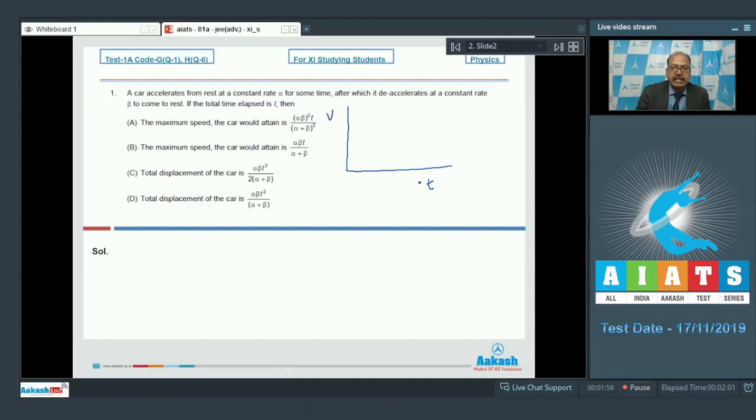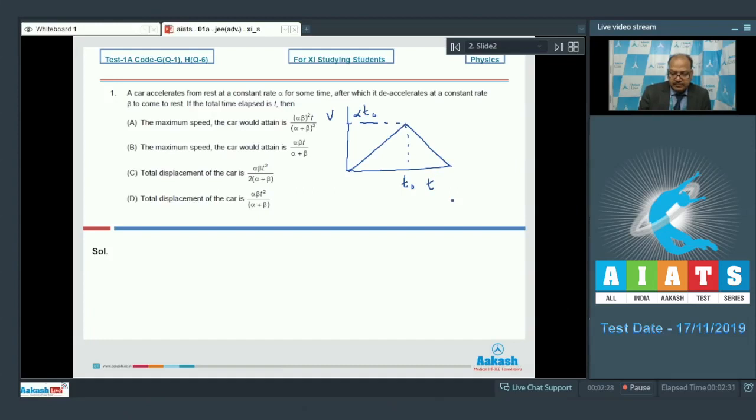It has uniform acceleration for some time, let's say its acceleration is alpha. Let's say this time is t naught, and so here the velocity will become alpha t naught, and then it decelerates to rest, so it's a straight line again.